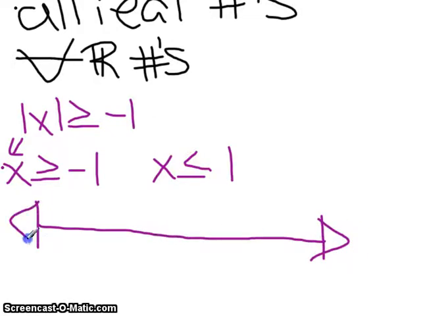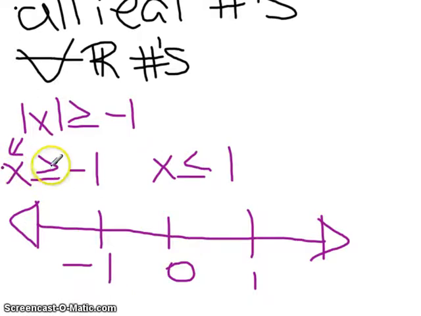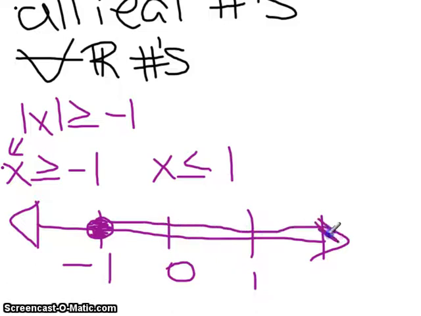on just an x-axis, if I have 0, I have +1, I have -1. My first part shows me that x is greater than or equal to -1. So I'm going to go to -1, color it in because it's or equal to, and I want everything greater than. So I'm graphing all the real numbers to infinity greater than.